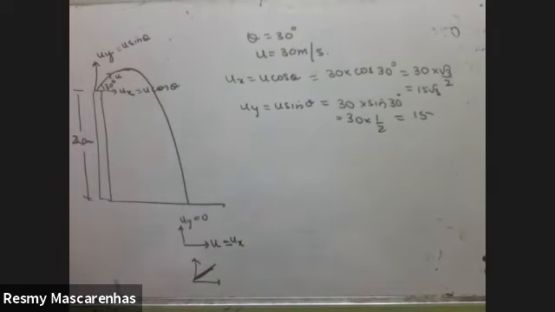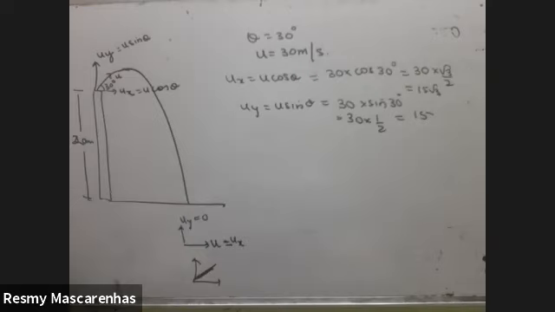From your normal trigonometric table, you know the values of the angle. So we found the components of initial velocity.